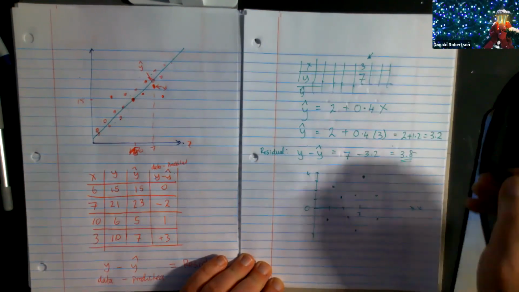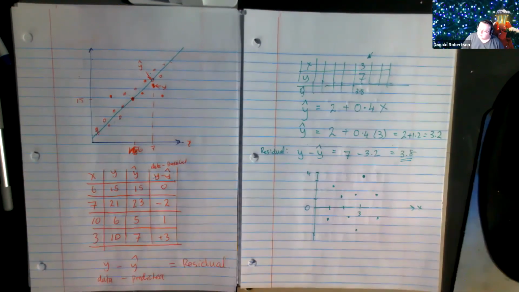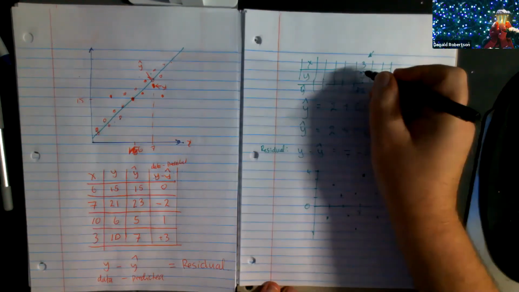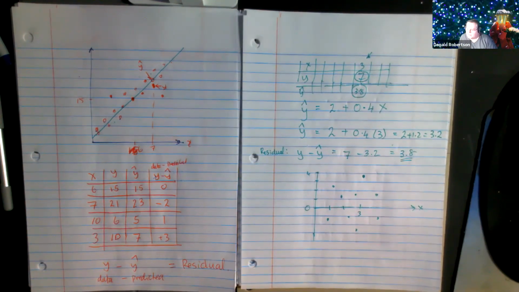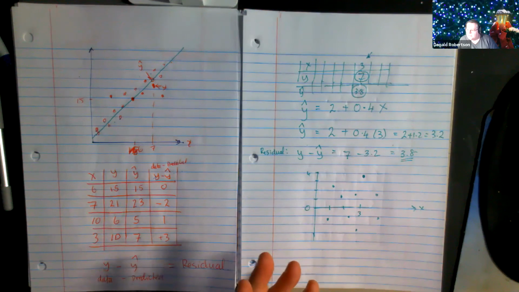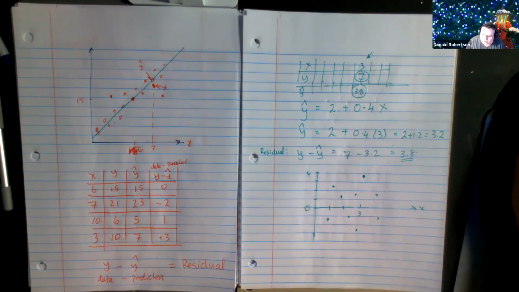In this case, it would be the 3.8. And it's the difference between this guy, take away that guy, that we call the residual. The real answer in the data minus the predicted. Any questions about that?